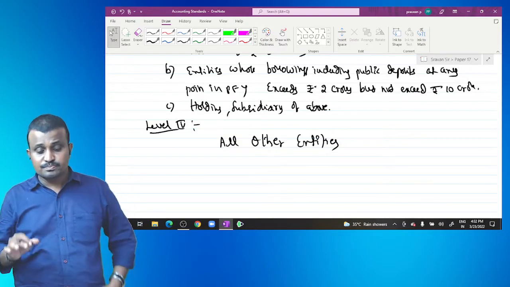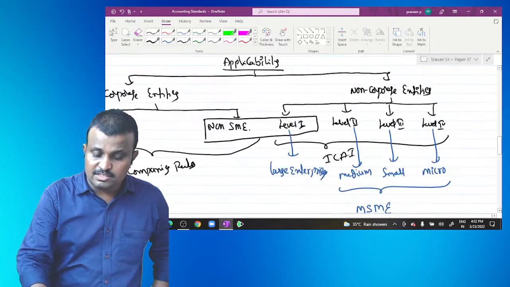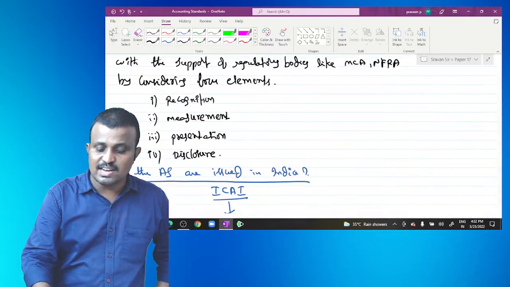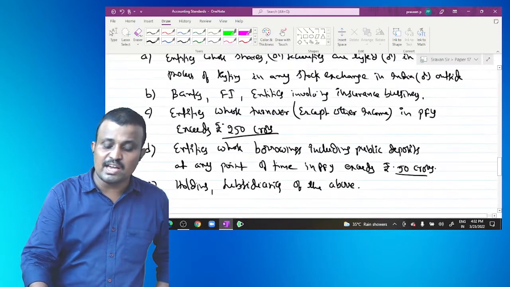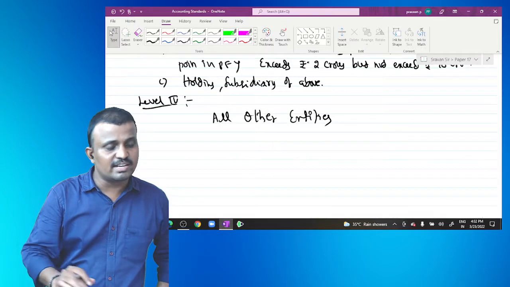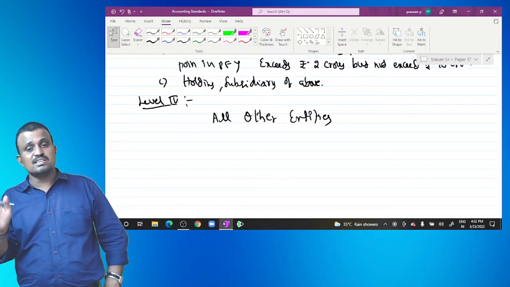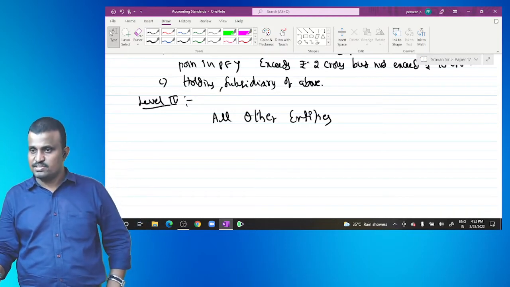Clear? Okay. So what is meant by accounting standards, how the accounting standards are applied, and the applicability of accounting standards in India as per the company's rules and as per ICAI, we discussed.